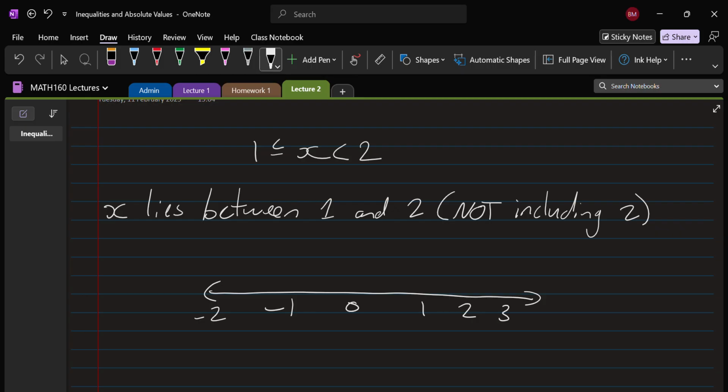An interval is just a section of the real number line. In this case, it's going from 1 to 2. A closed dot means it is inclusive, so it could be 1. An open dot or open circle means it is not possible to be 2. So this is how we represent the same inequality, but as an interval.